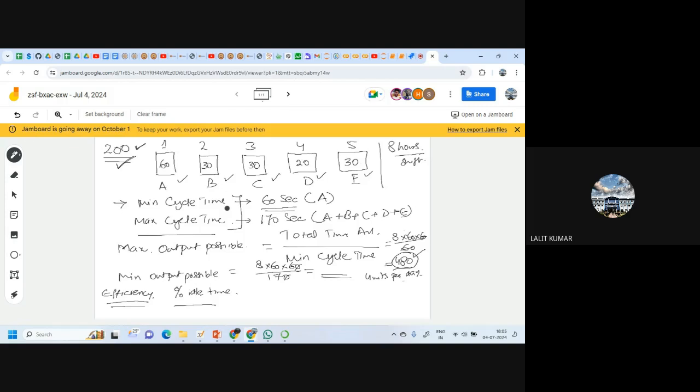To find the efficiency, we have to find the percentage idle time, because efficiency is 100 minus percentage idle time. For percentage idle time, we have to find the cycle time. Presently, what is the cycle time? The cycle time is equal to the maximum available time divided by the present output.